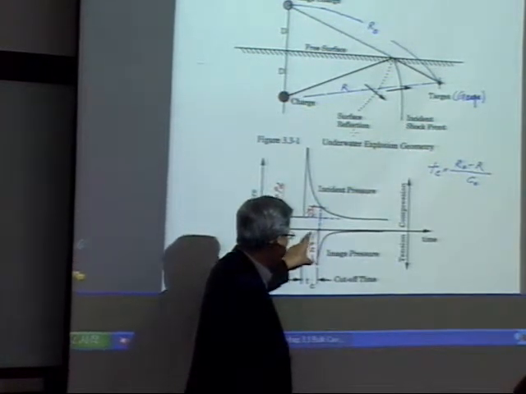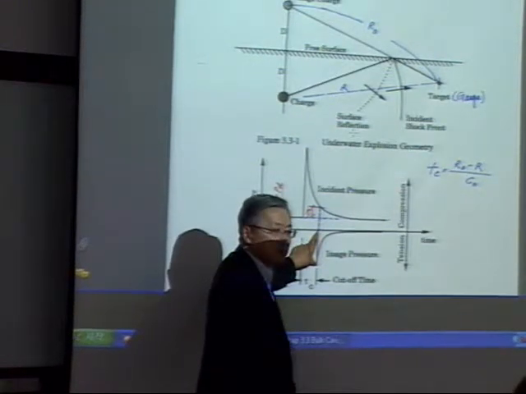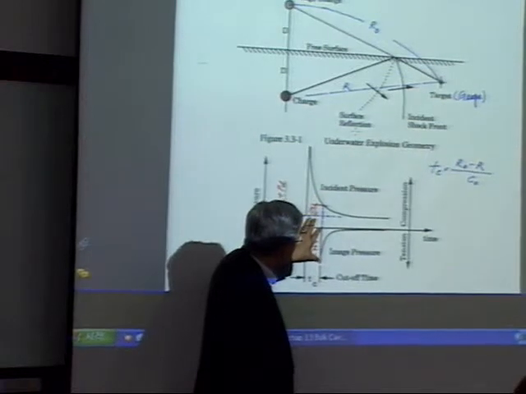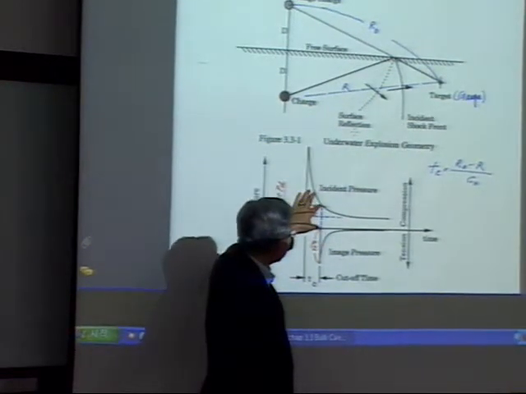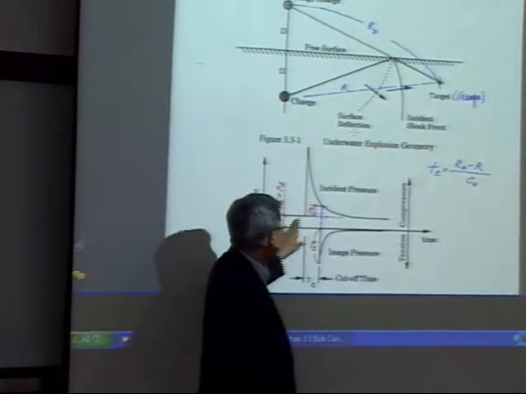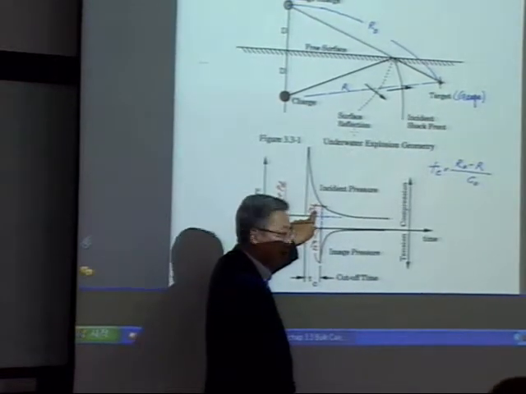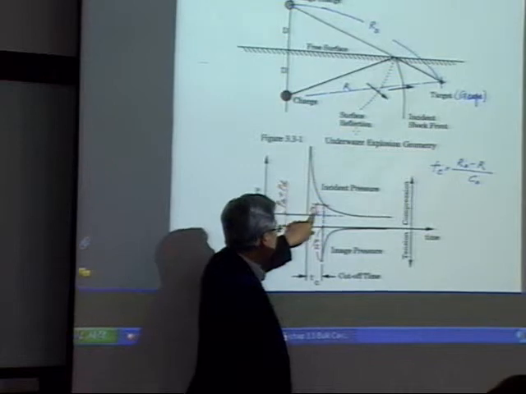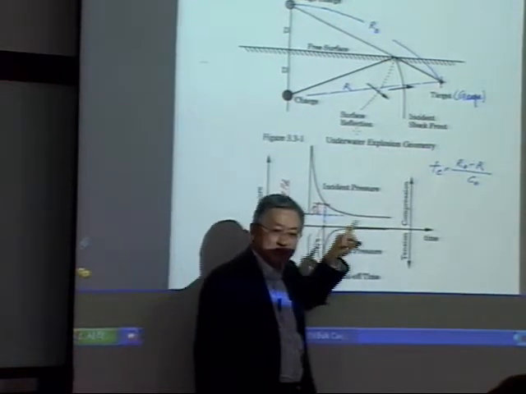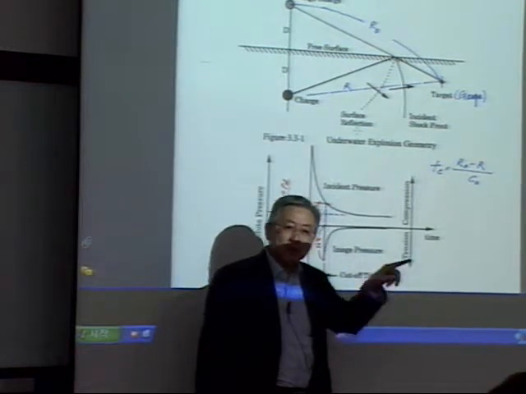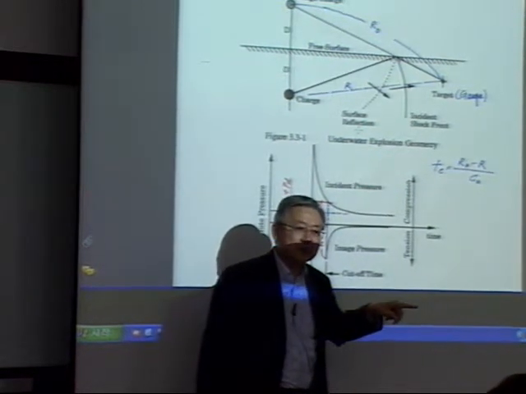Sometimes, depending on the depth, the P2 can be higher. P2 magnitude could be higher than PA plus PD plus P1. Here P1 is not this. P1 here is the incident shock pressure at the time the rarefaction wave hits the target.